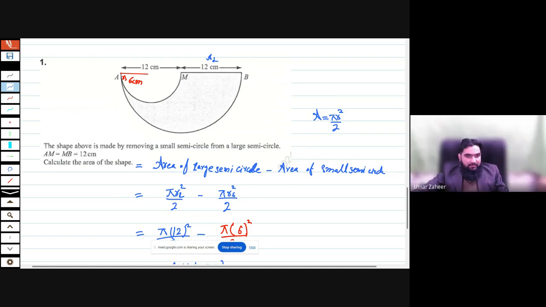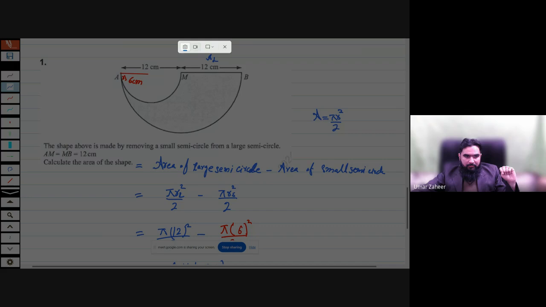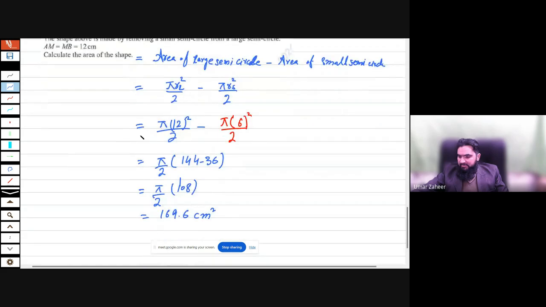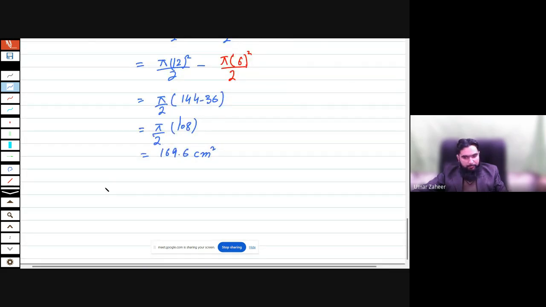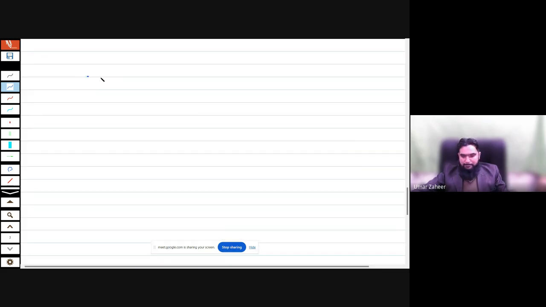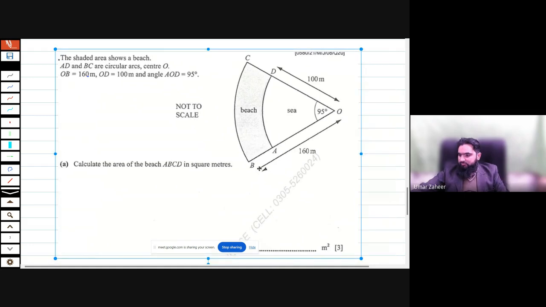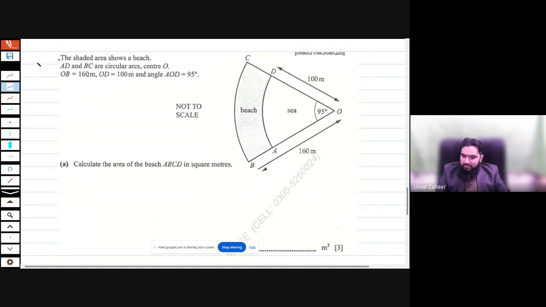All right. Now let's see how to go for the next one. The shaded area shows a beach.